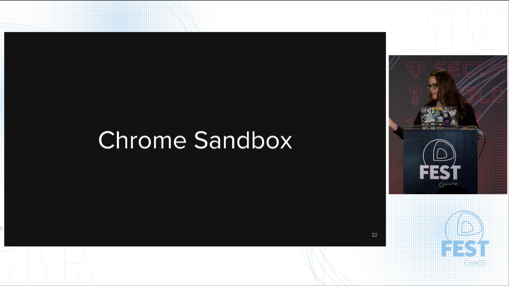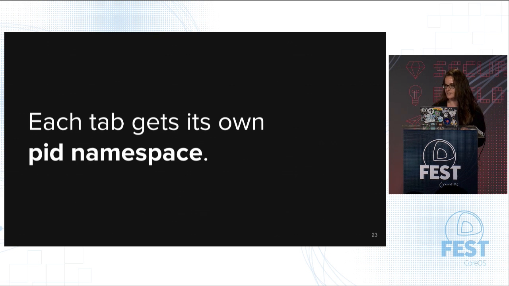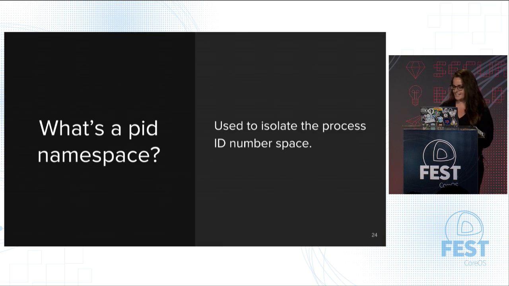One of the most famous sandboxes is Chrome. They have a ton of people working on it and really great things. But one of the cool things about Chrome is that it uses a lot of the same fundamentals as containers. Each tab in Chrome on Linux will create its own PID namespace, which isolates the process ID space.